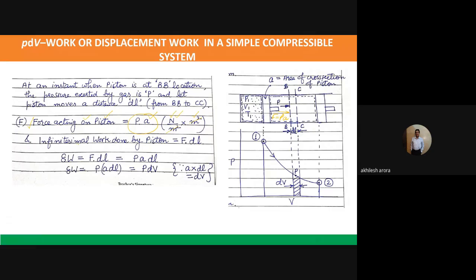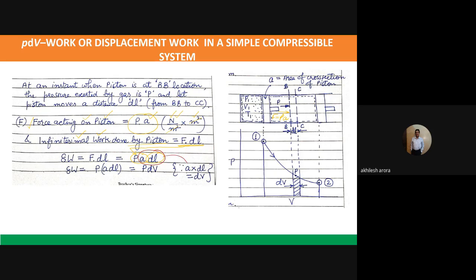Now I am interested in calculating this infinitesimal work. Infinitesimal work means very small work which is done by the piston, and it is equal to F dot dl. F dot dl. So in the next line, I will put the value of F here, which is given by P into A, and dl is the displacement. And if I combine A and dl, what is A into dl?